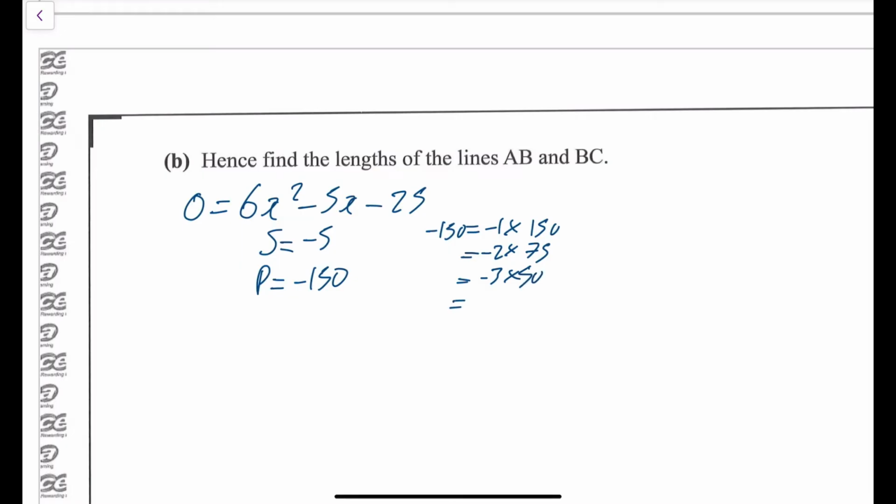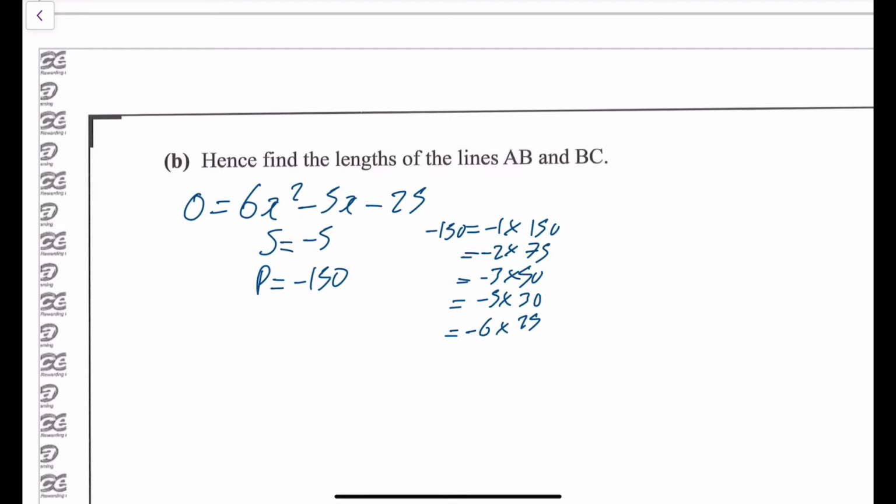Does 4 go in? 150 divided by 4 is not going to work. 150 divided by 5 is going to be 30, so that's minus 5 times 30. 150 divided by 6 is going to be 25, so minus 6 times 25.